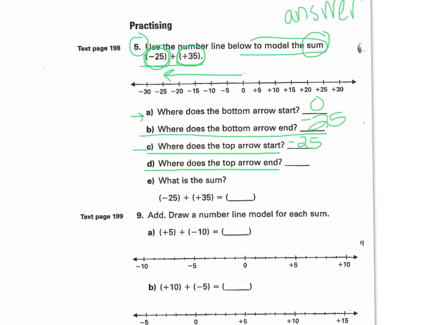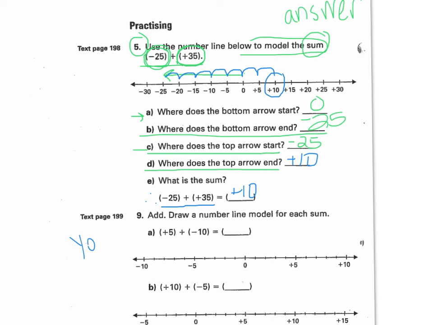Here we go. 5, 10, 15, 20, 25, 30, 35. We've moved 35 spaces. We ended at positive 10. Therefore, negative 25 plus positive 35 equals positive 10.